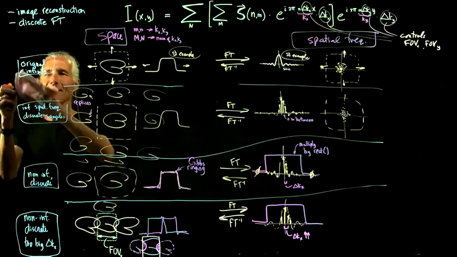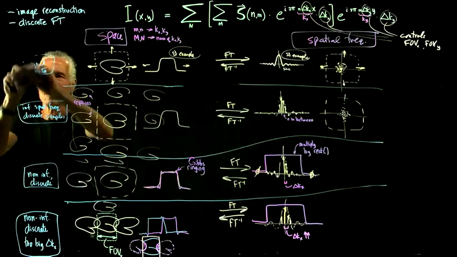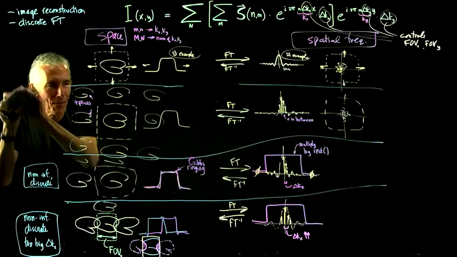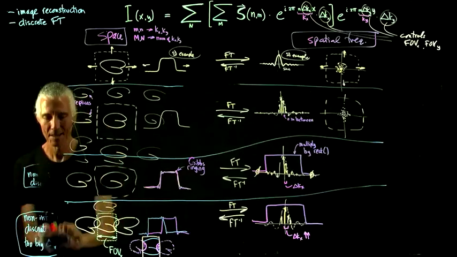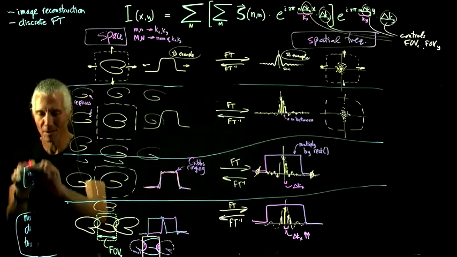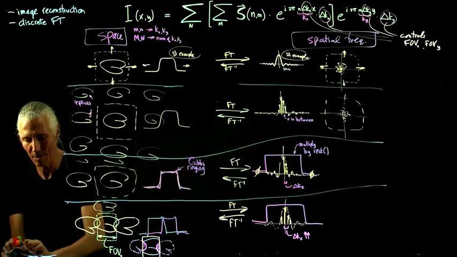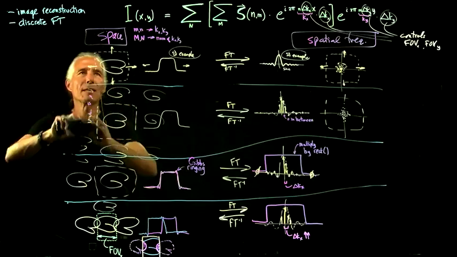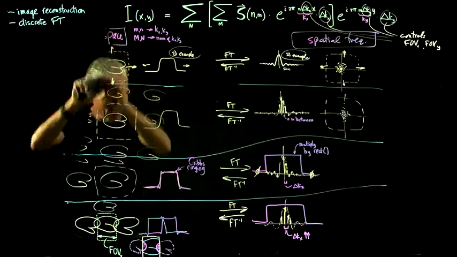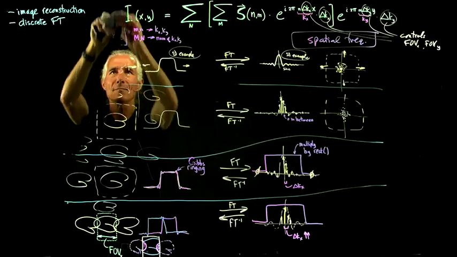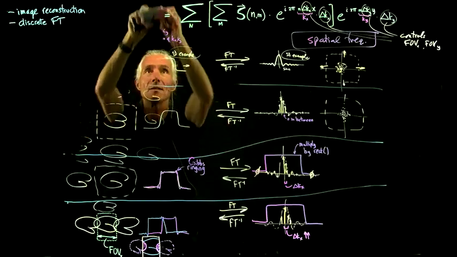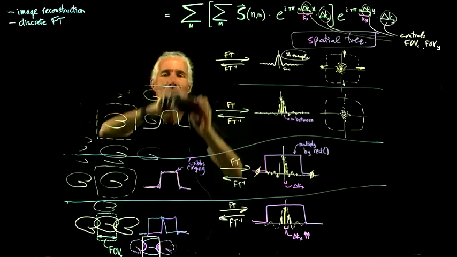Okay, so any questions about strange life in discrete Fourier land? We always have to deal with this because we're always dealing with a finite number of samples and a finite spacing between our spatial frequency samples.